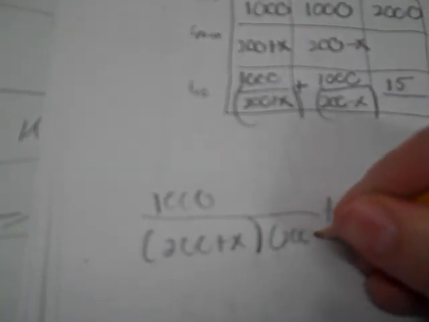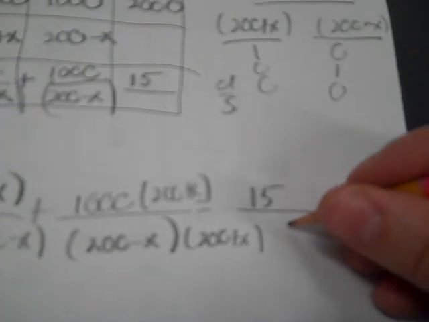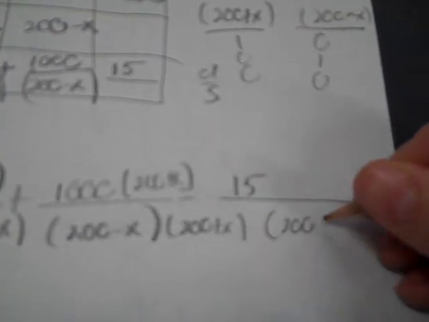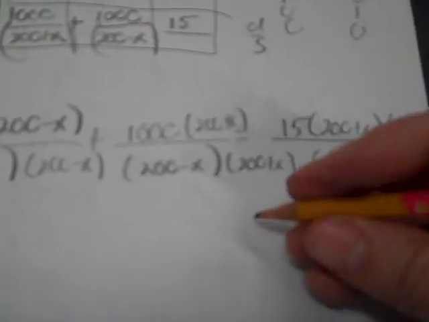Okay, so we need to raise this by 200 minus x. Well, I'm sorry, here we need to put a 200 plus x too. And then the minus x, 200 minus x, 200 minus x. Okay, so here's the equals, and now you go to your calculator.